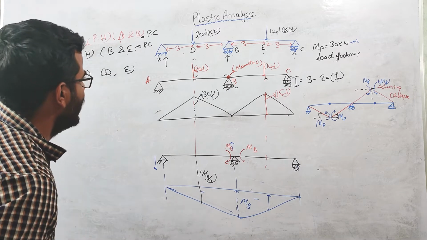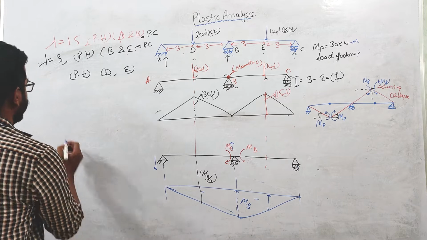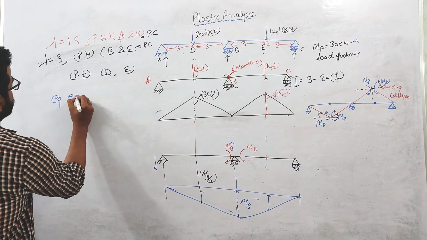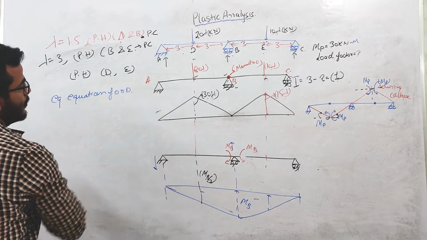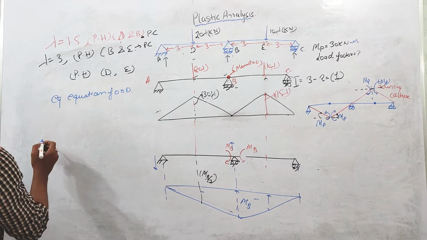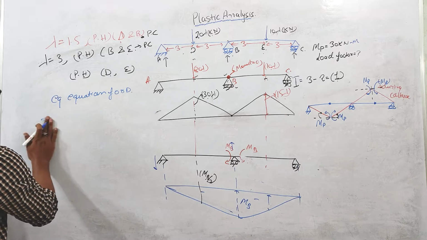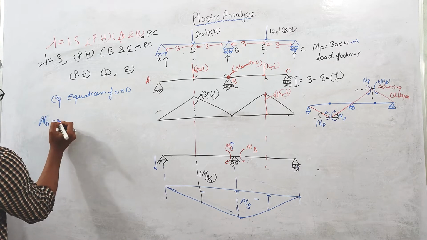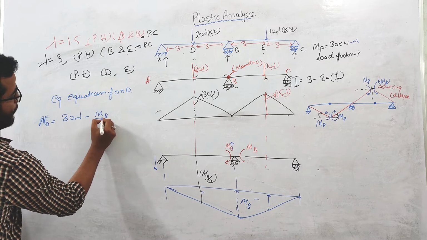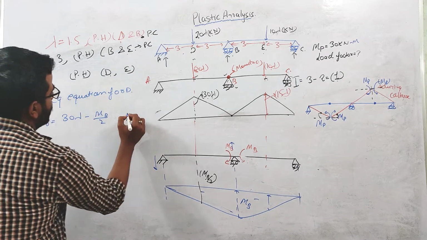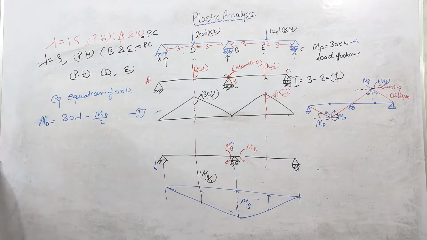Let us write the equilibrium equation for the D point. If you write the equilibrium equation for the D point, it will be MD equals 30 lambda minus MB by 2. Let us suppose this is our first equation.